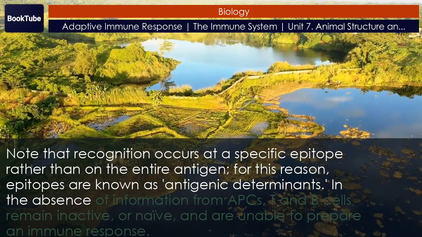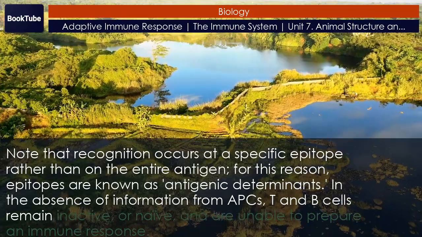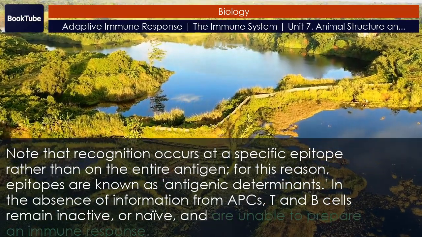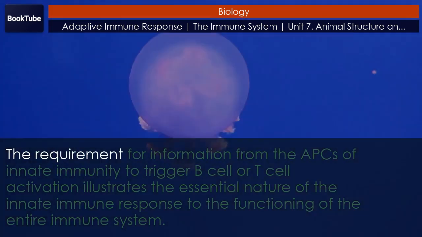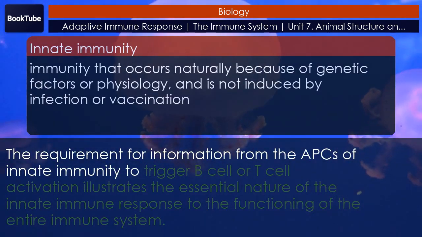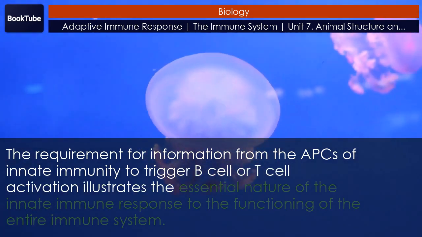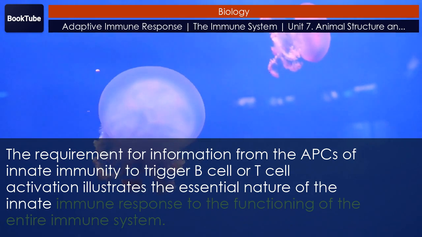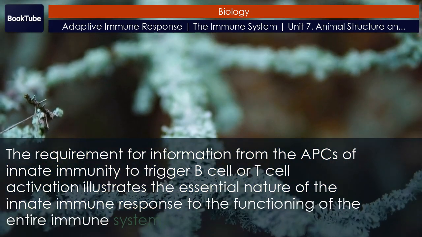In the absence of information from APCs, T and B cells remain inactive, or naive, and are unable to prepare an immune response. The requirement for information from the APCs of innate immunity to trigger B cell or T cell activation illustrates the essential nature of the innate immune response to the functioning of the entire immune system.